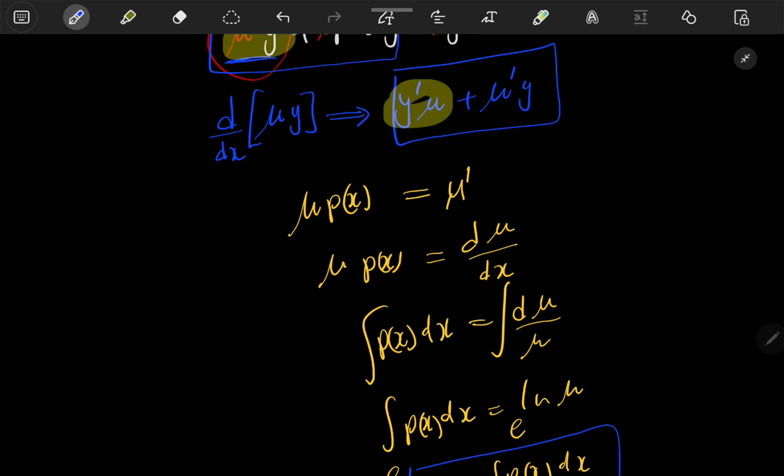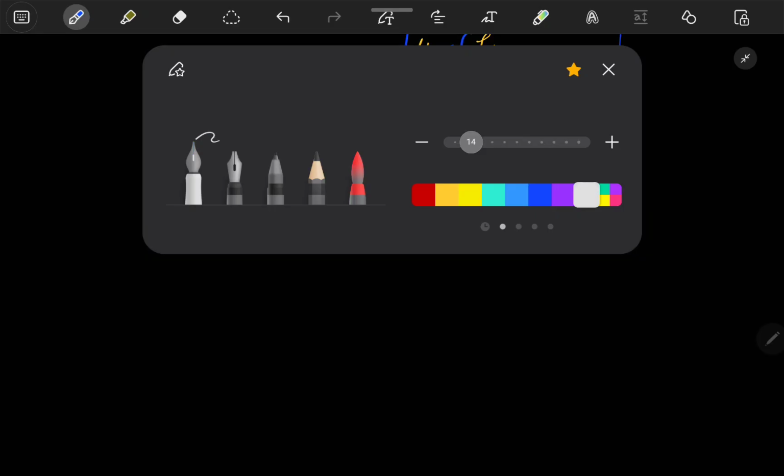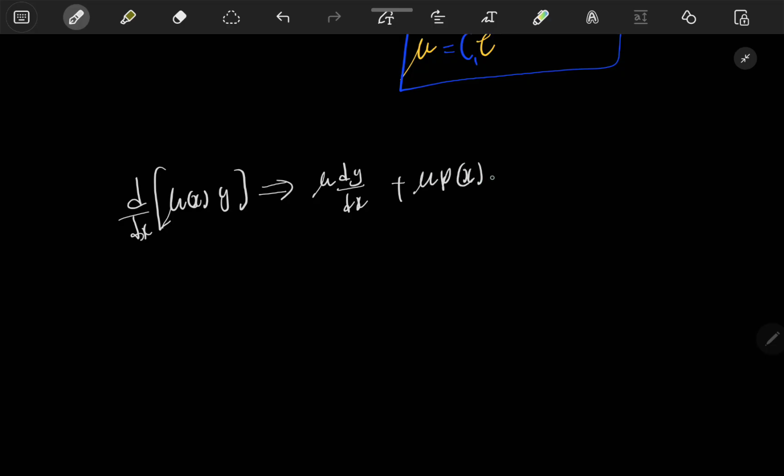So now we can go back to what we started with. I'll just rewrite it again because it's quite far to go there. We started by saying that if we differentiate some mu of x and y using the product rule, we get something that looks like mu dy/dx plus mu p(x) y.